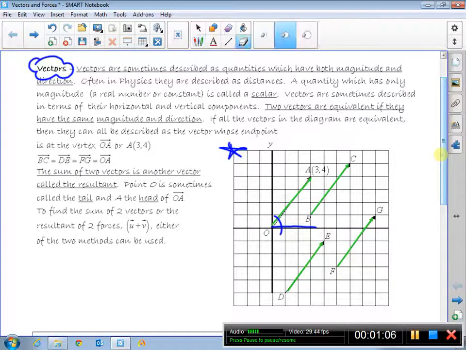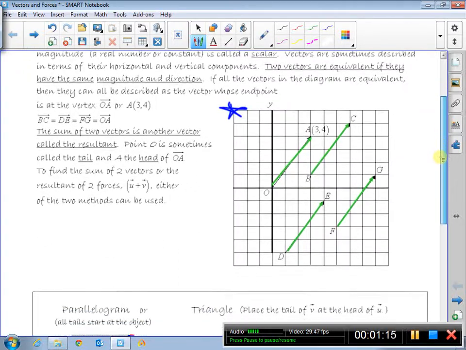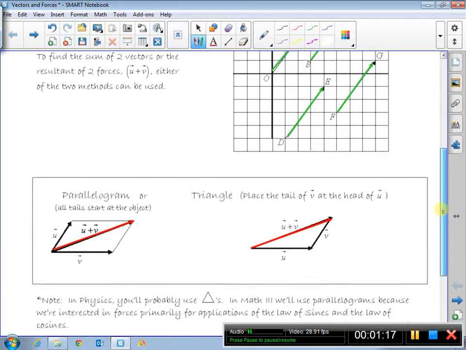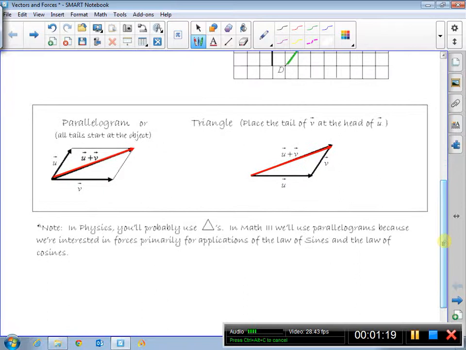Once we draw our parallelogram and fill in the sides, you'll see how we do these using the law of sines and the law of cosines. Now, in physics, when we have two vectors, u and v, we draw little arrows above them like that. In physics, this is the tail, and the arrow is the head.